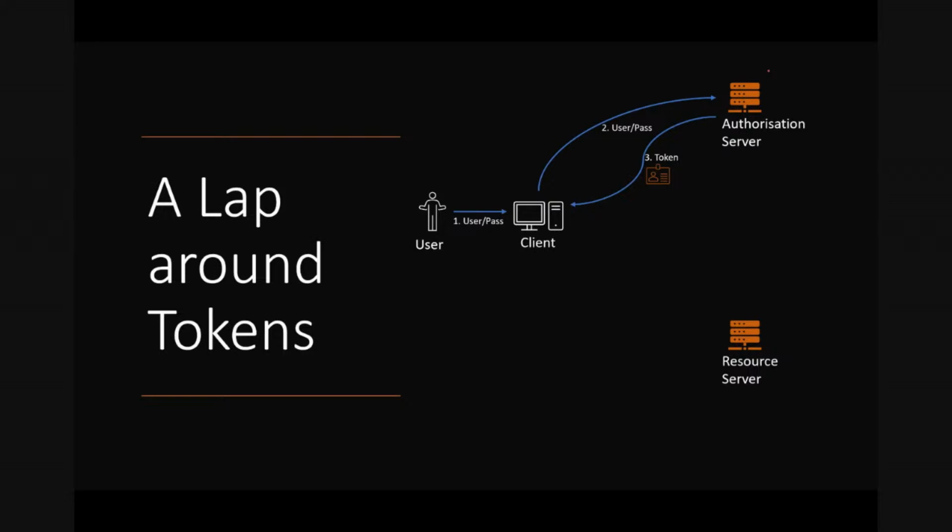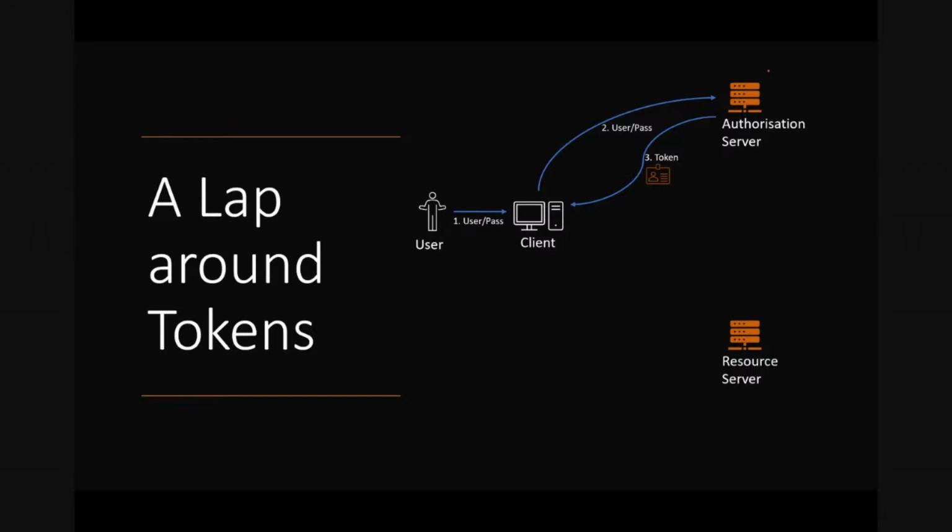Really it's a set of bytes, and it's a particular message. Now, these tokens can be in different flavors and different formats. The most common one that we tend to see these days is a JWT, a JSON web token, and we can see some JSON elements and various other things.